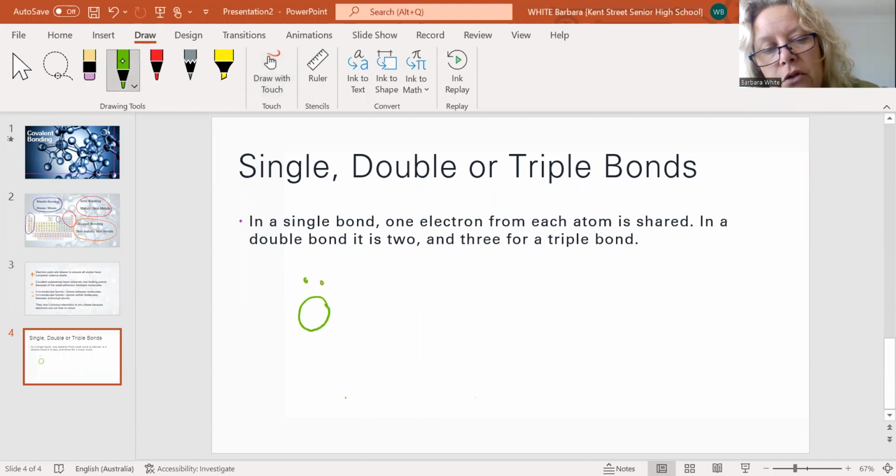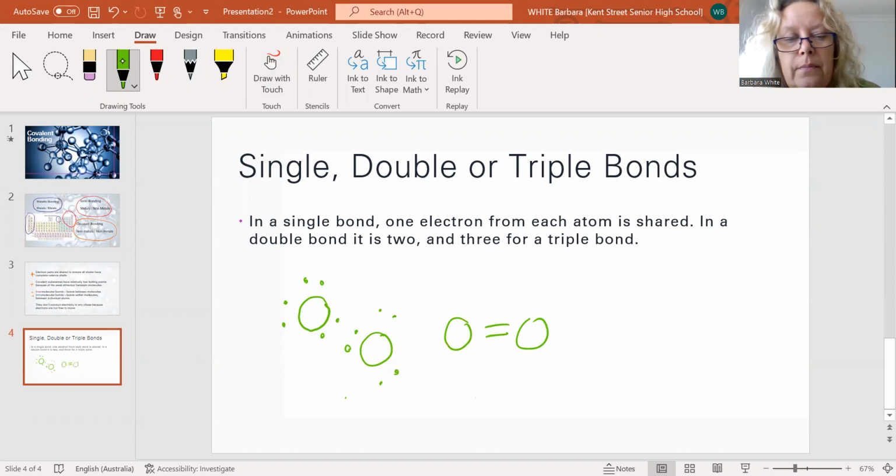So 1, 2, 3, 4, 5, 6, and you've got your other oxygen over here. 1, 2, 3, 4, 5, 6. So they're sharing 2 pairs of electrons around there, and you can draw that as O with 2 lines and another O.